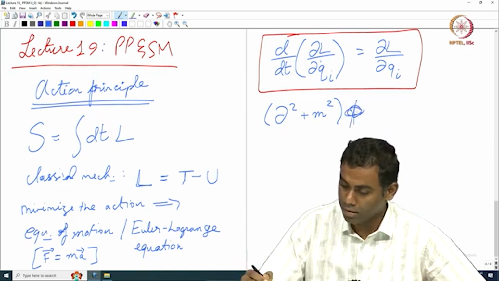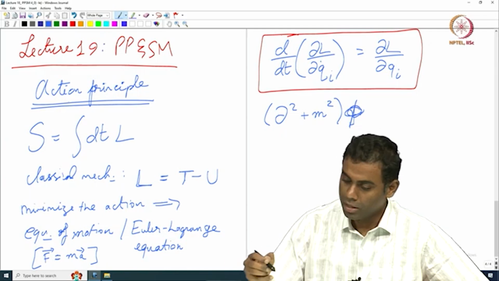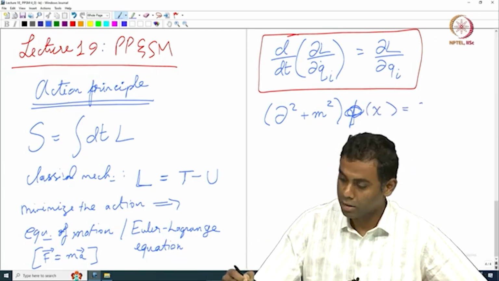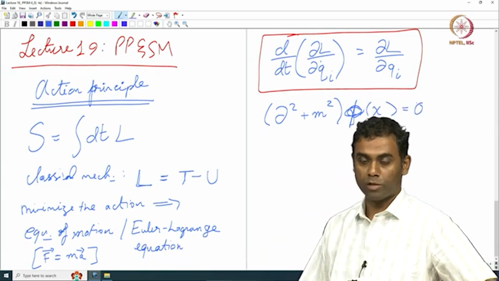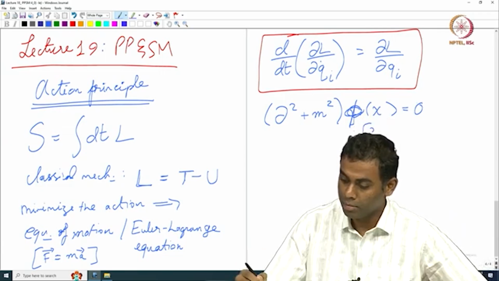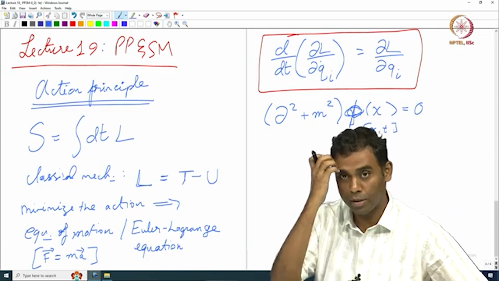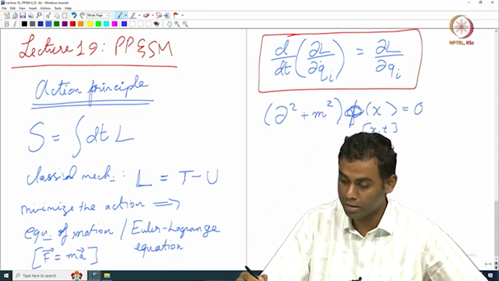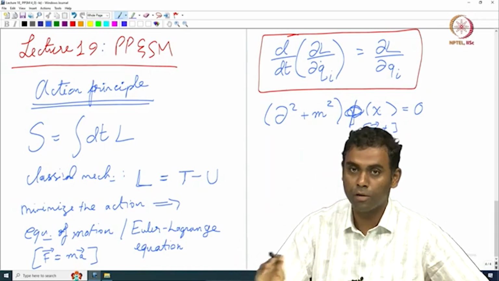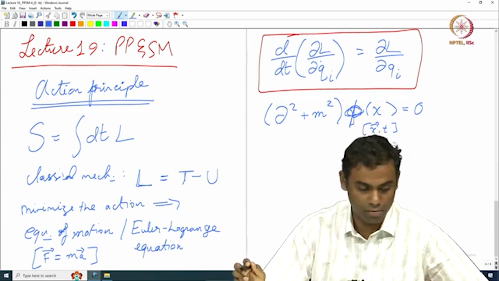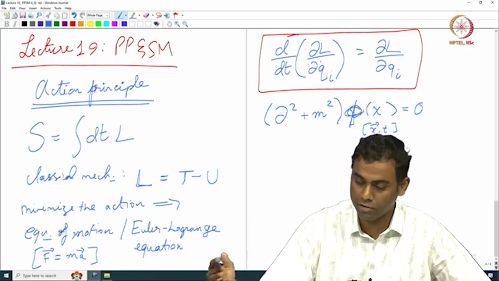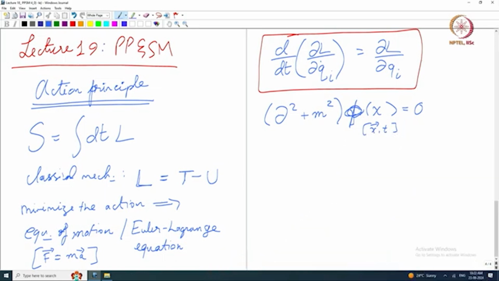Phi is a good symbol to denote fields that don't carry spin, spin zero fields, okay. And earlier I used to write x comma t, but now I'm just going to write x. Why? Because earlier by x I meant actually the 3 vector x, but now by x I'm going to mean the 4 vector x. So I'm just going to start using x here from here on, okay, because we are already in relativistic theories, correct.